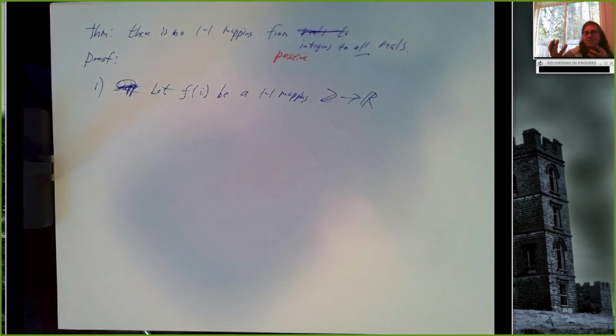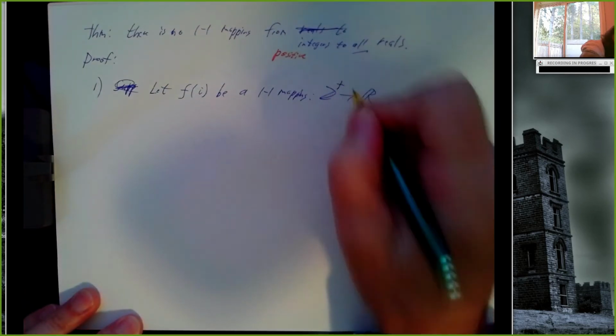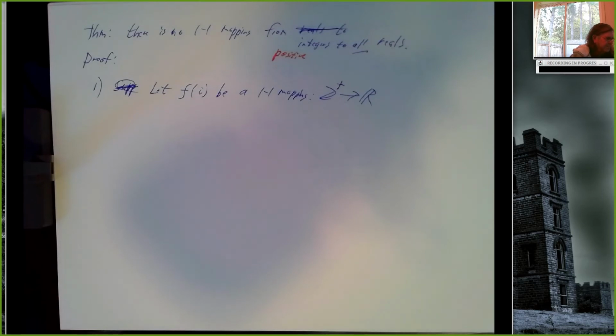And we know the positive integers and the set of all integers have the same cardinality, because you can map the negatives to odd numbers and the positives to even numbers. So let's just work with positive integers. And let's suppose we have a one-to-one mapping from the set of positive integers to the set of reals.